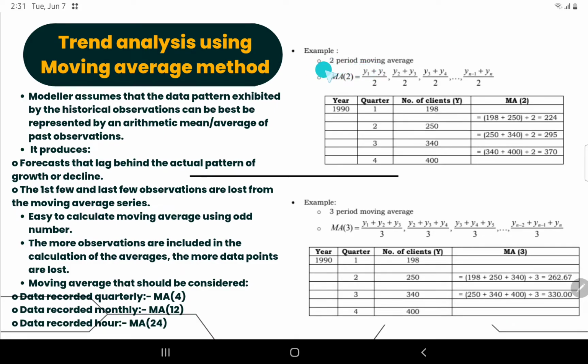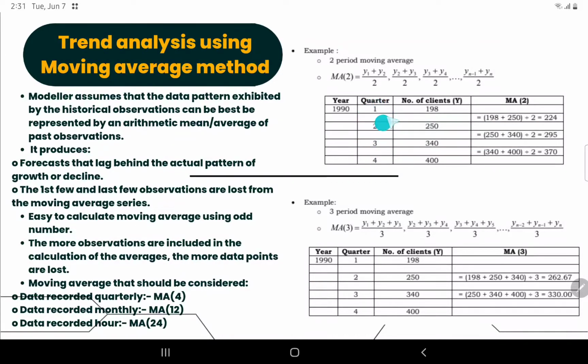This is the example for 2 period moving average and the other one is for 3 period moving average. For 2 period moving average, kita ambil 2 items, which is 1 and 2, and then 2 and 3, and then 3 and 4.